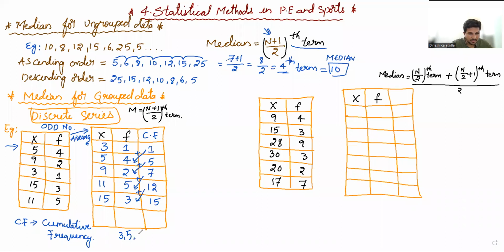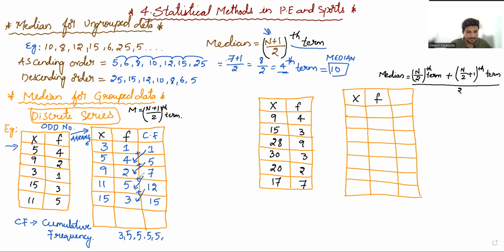So second number, third number, fourth number, and fifth number. So we have written the position up to the fifth position. The score 5 is written 4 times up to the fifth position, right?